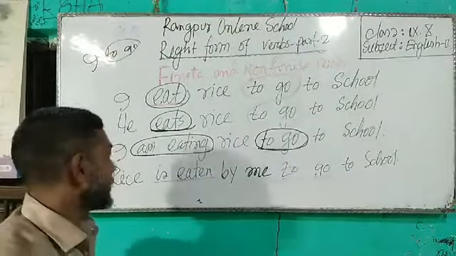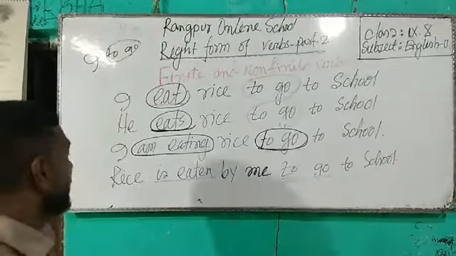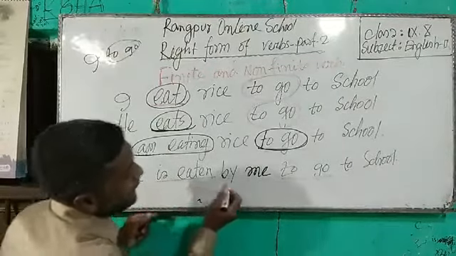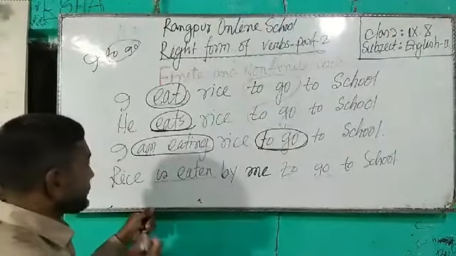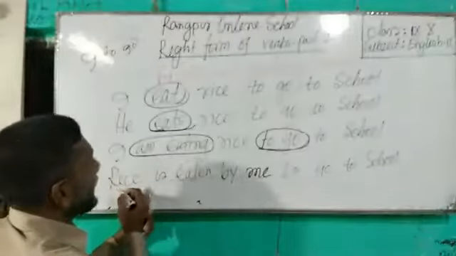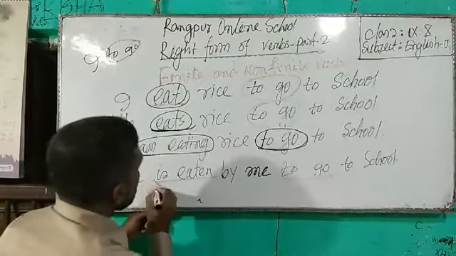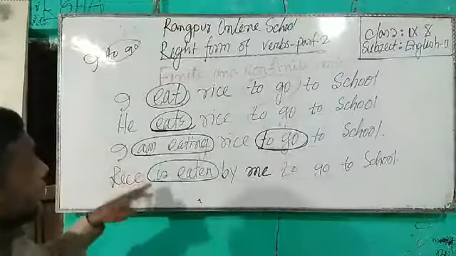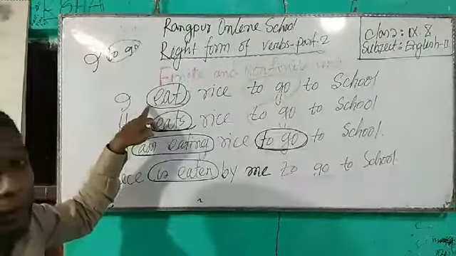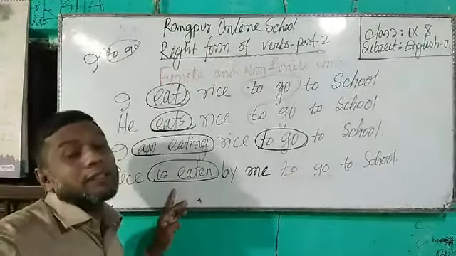So dear students, again number 4 point, rice is eaten by me to go to school. Here again rice is eaten, so I have changed the voice here. This sentence was in active form, but here it is in passive form.